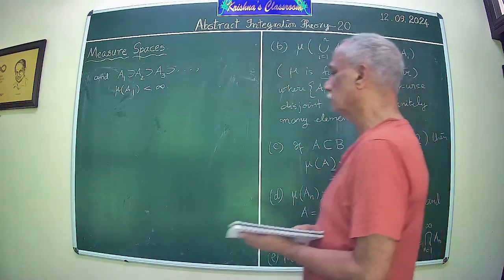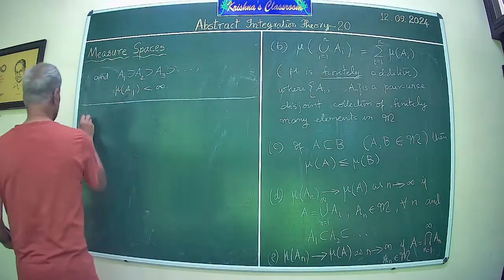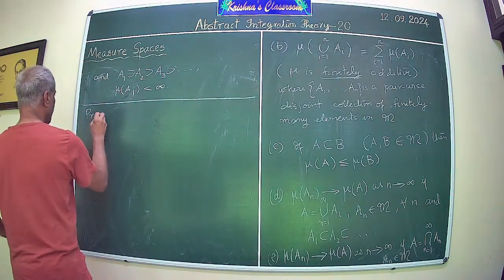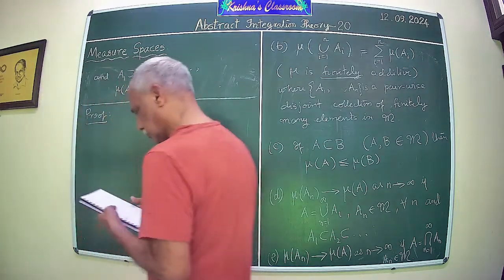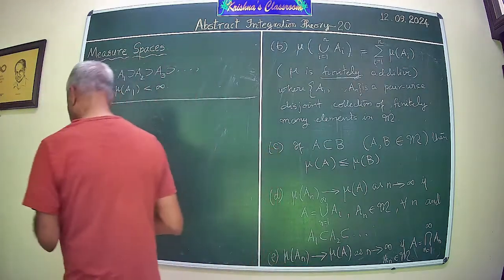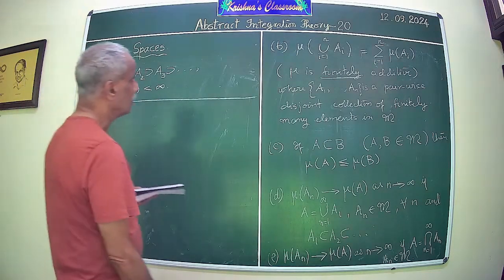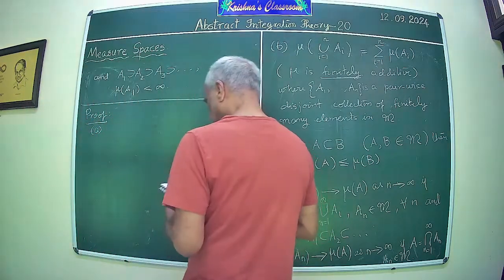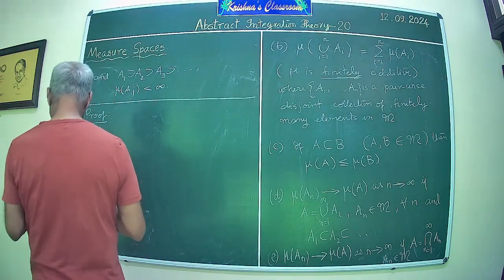Okay. Now let us work out the proof. The first one, which says mu of phi, the empty set, is equal to 0.